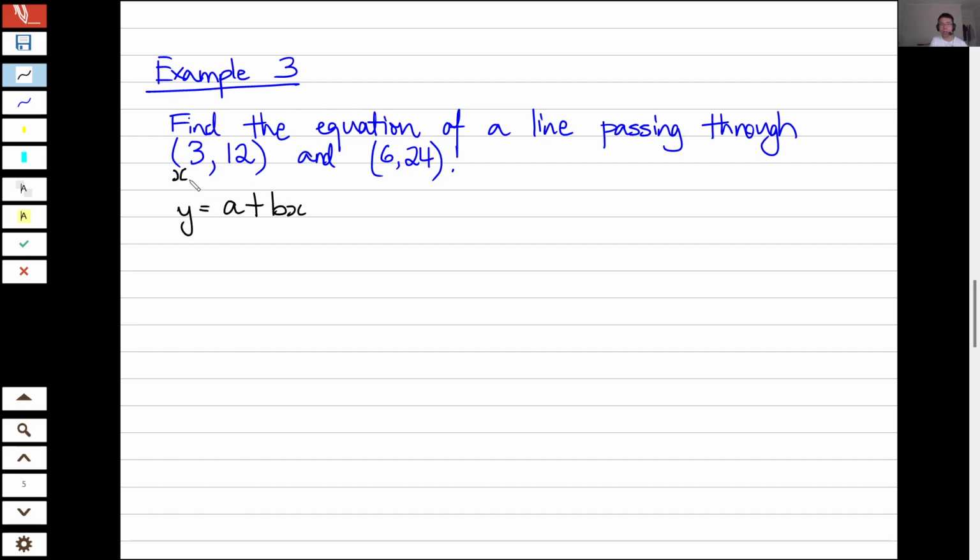So again, I'll call the numbers x1, y1, x2, y2. The slope b is y2 minus y1 over x2 minus x1. And that's going to give me 24 minus 12 over 6 minus 3. 12 on 3, which is 4.